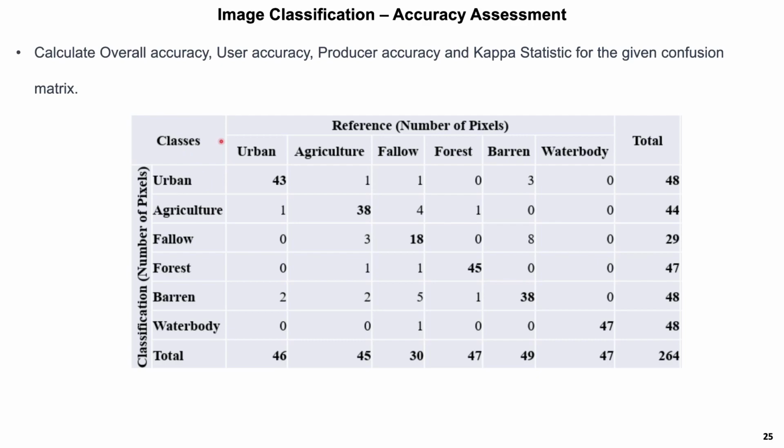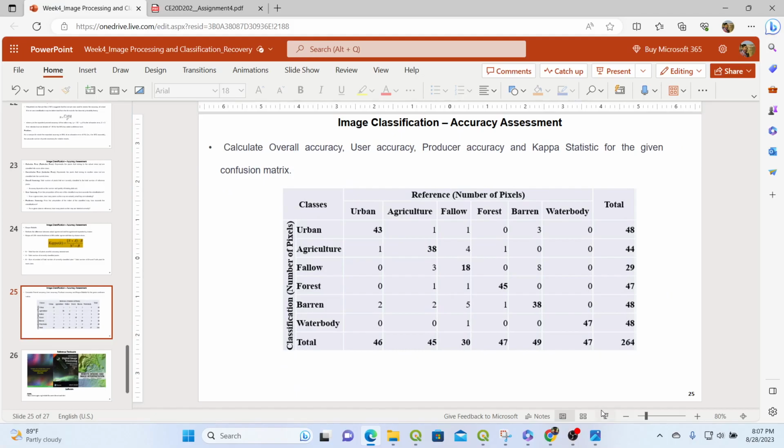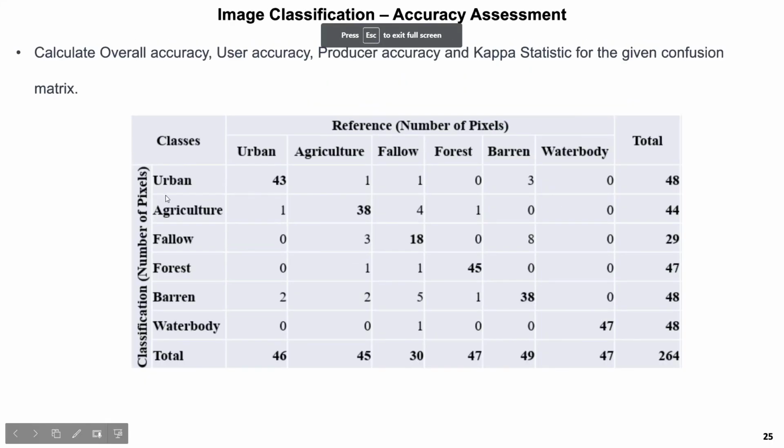This is one of the classifications I made during the course, and this is the confusion matrix. On the left-hand side you have the classes. This is a level 1 classification. Column-wise you have the reference pixels.